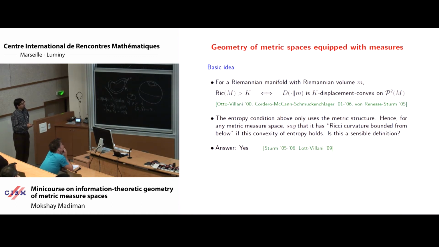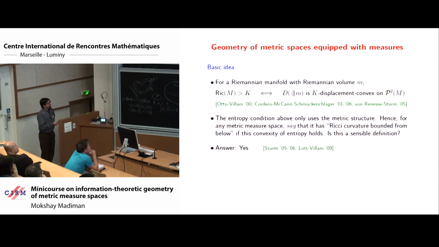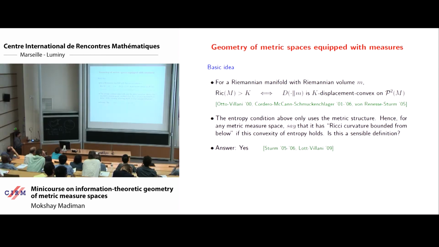So you can now say that for any metric space equipped with a measure, which we will call a metric measure space, we will say that it has Ricci curvature bounded from below if this property holds, that the relative entropy with respect to this measure on the metric space is K displacement convex in this sense. So the question is, is this a sensible definition?